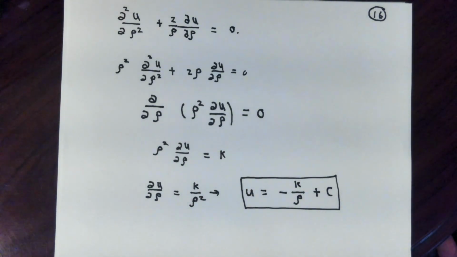That means that rho squared du/d rho must be a constant. du/d rho must be constant over rho squared. The only spherically symmetric solutions to the Laplace equation are the inverse distance solutions. When you take the negative of the gradient of such a thing, you get an inverse square field.